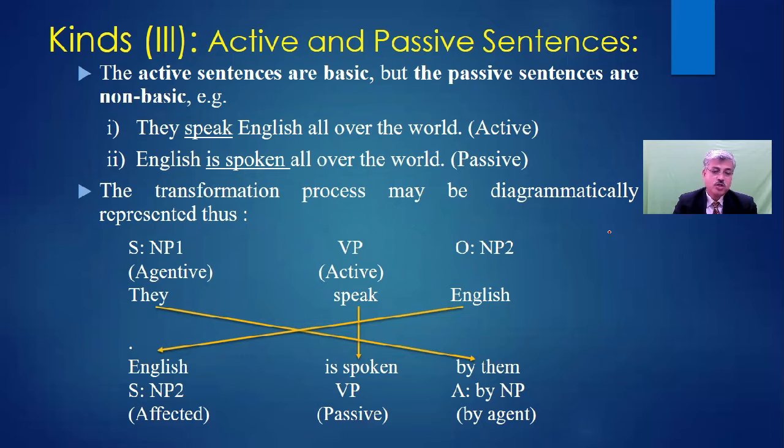So it is English, subject, noun phrase second. It is affected. It is spoken, verb phrase passive, because there is the use of be verb plus the third form of the main verb. And it is connected by the connector or the preposition by. They becomes them and it has become an agent. So it has now an adverbial by them.